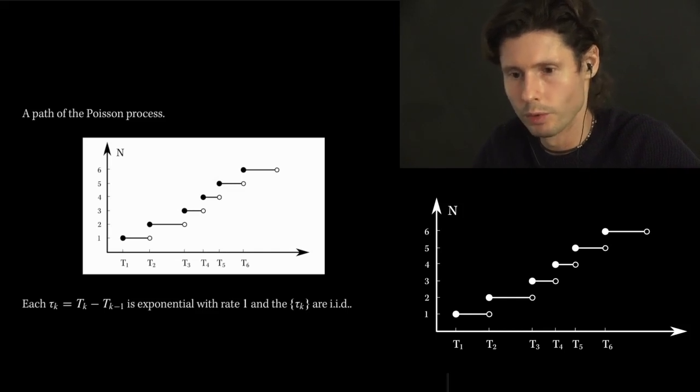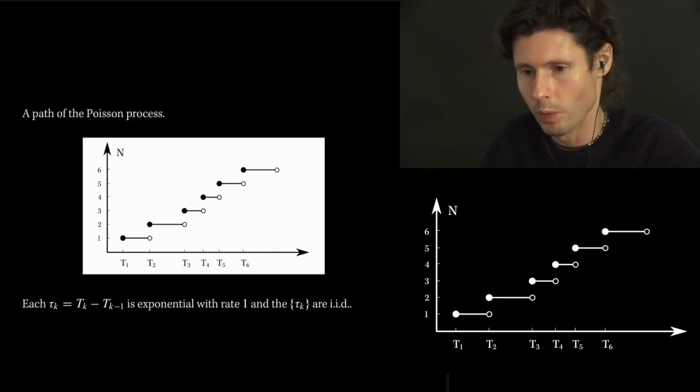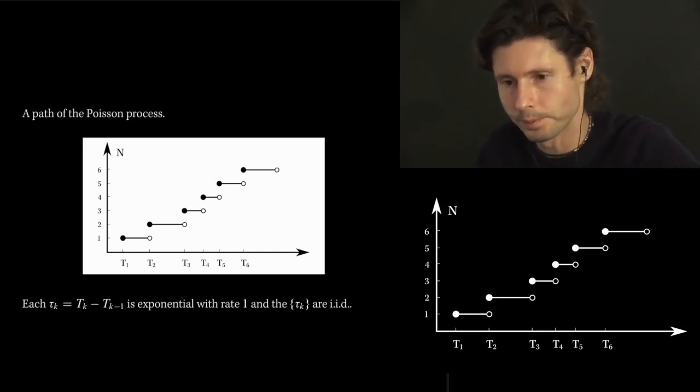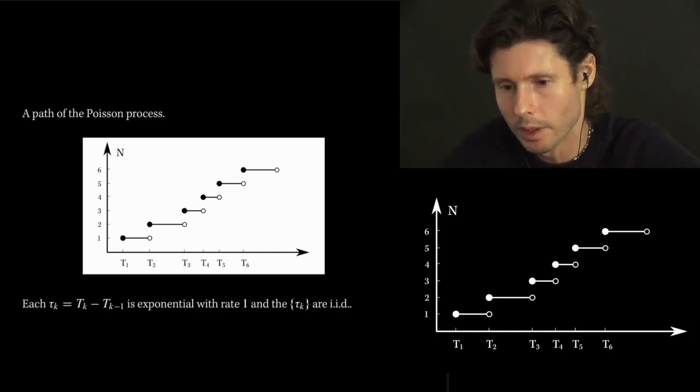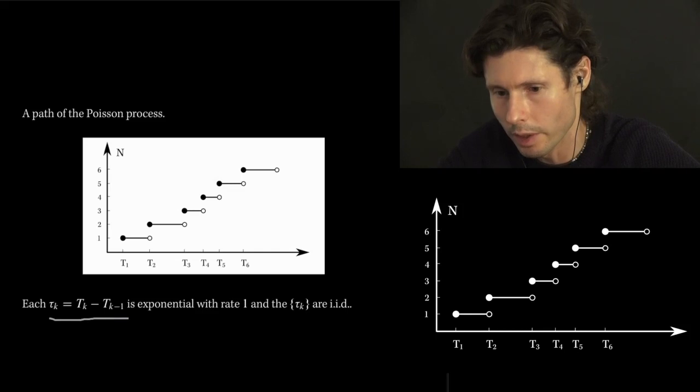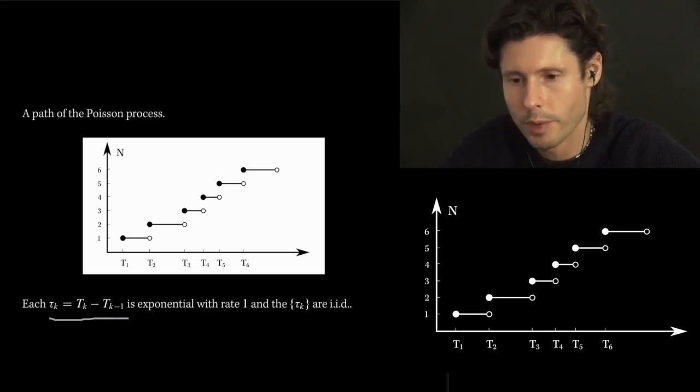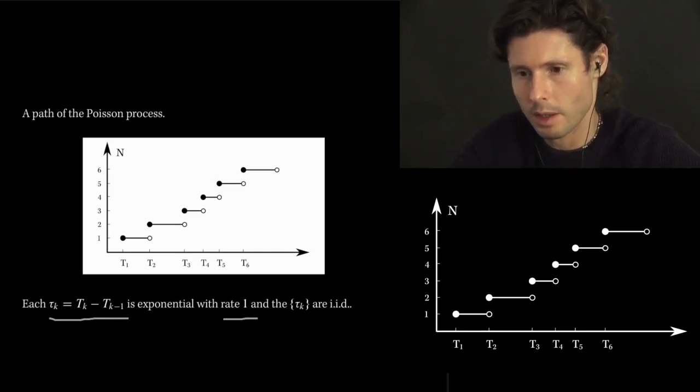So it will move between natural numbers starting from 0, then the next move will be to 1, the next one to 2, to 3, to 4, and so on. And the lengths of time that we wait in between each count, here I'm calling them tau k, will be exponentially distributed with rate 1, at least for the standard Poisson process. So that's the picture we have in mind.